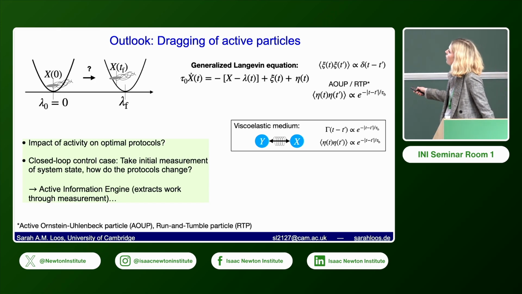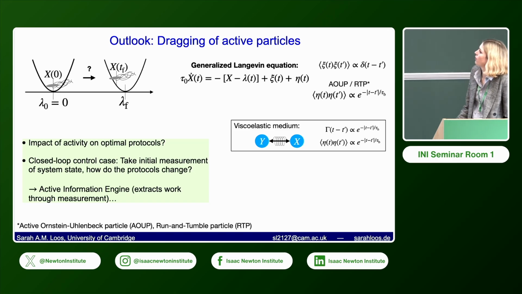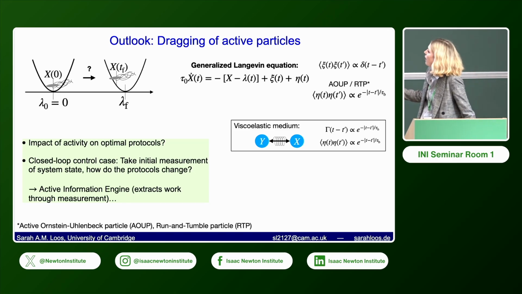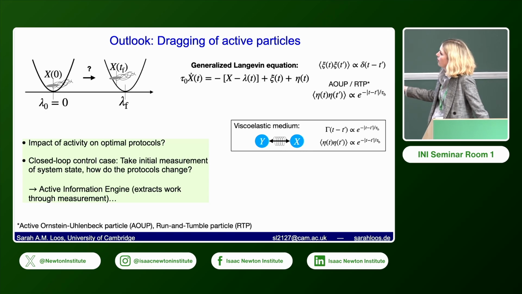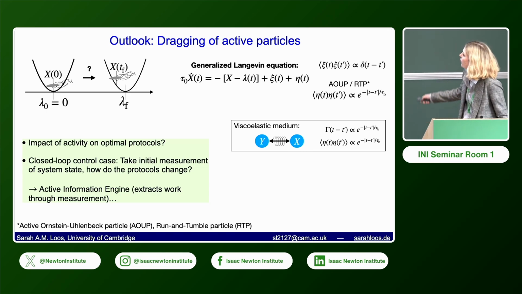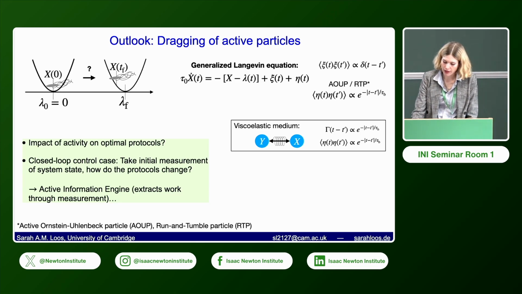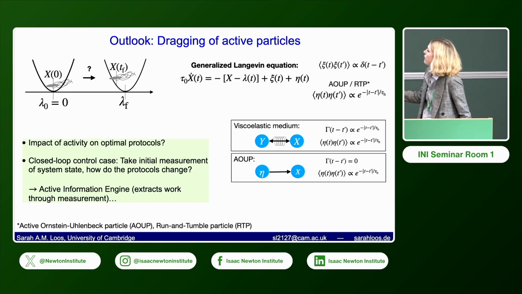And just as a side note, if you look at this equation, you see that it's actually not that different from my viscoelastic equation that I had before, where you couple an auxiliary variable that is reciprocally coupled to your system degree of freedom and gives rise to exponential memory in the noise and also an exponential memory kernel, while now an active Ornstein-Uhlenbeck particle is non-reciprocally coupled.